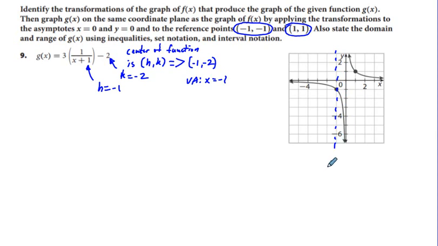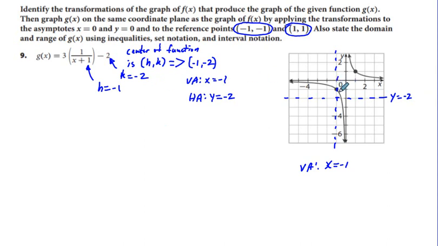I want to put x is equal to -1 and label that, that's going to be our vertical asymptote for this problem. And our horizontal asymptote, similarly, is going to be the equation y equals -2. So now I'm going to sketch that in, and here we go. So we have y equals -2.